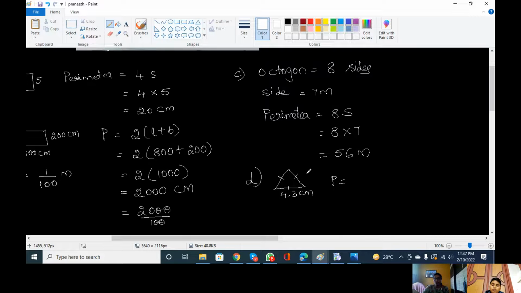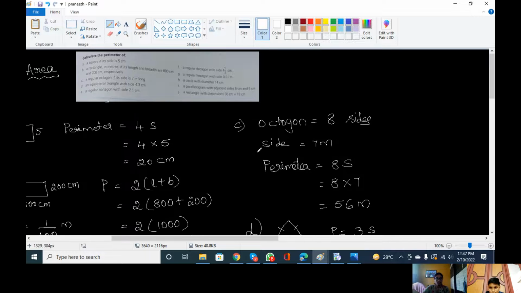So this is also 4.3, this is also 4.3, this is also 4.3. So it has 3 sides, 3 times s. So 3 into 4.3. 3 3s are 9, 3 4s are 12. And the decimal point is placed after one decimal. So leave one decimal and put a point here. And this is in centimeters. So give your answer also in centimeters.